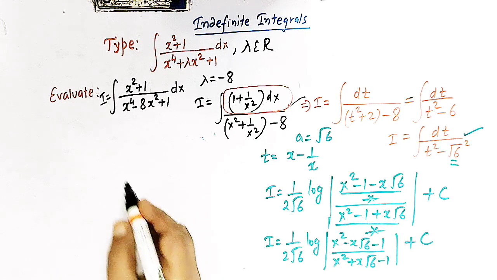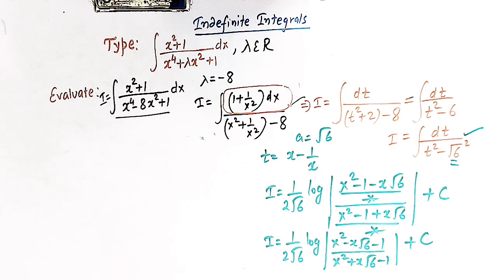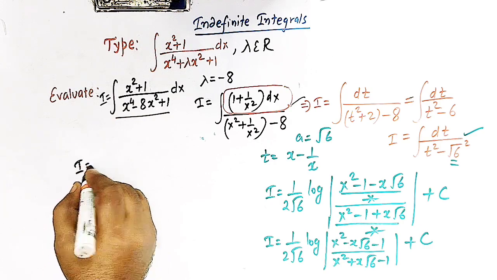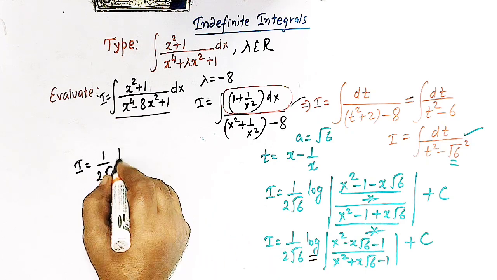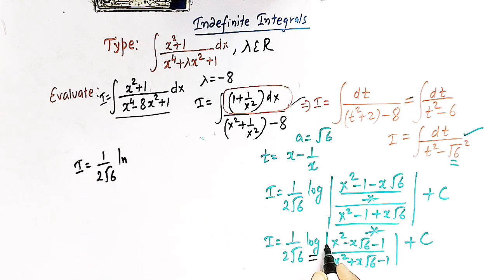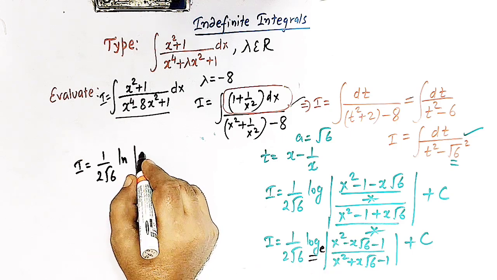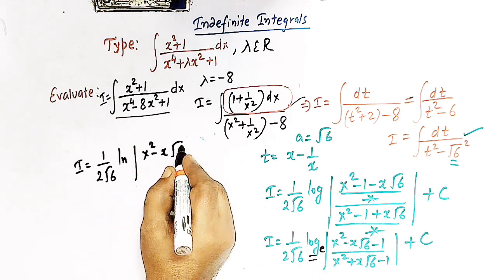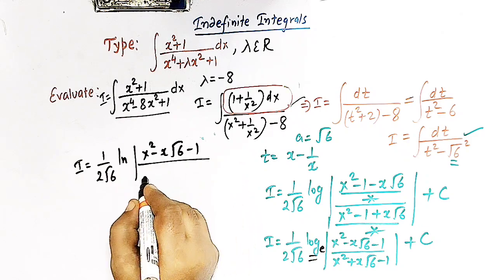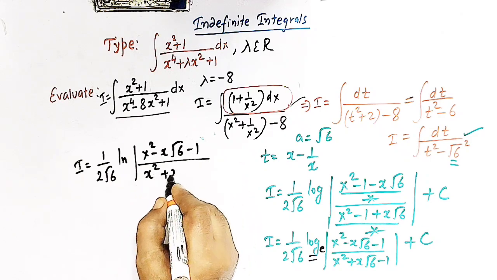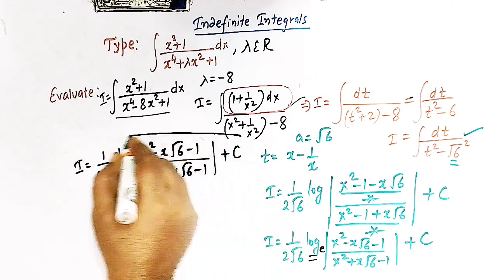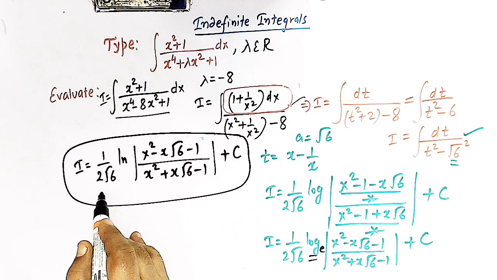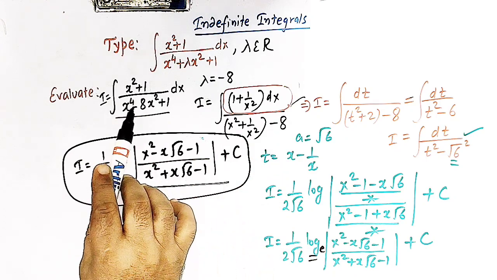So now the required value of this integral I is given by I is equal to 1 over 2 root 6, and here this log may be written as ln, where we can also write the base as e, of x square minus x root 6 minus 1 divided by x square plus x root 6 minus 1, and c is the constant of integration, right? So this is the required value of this integral.